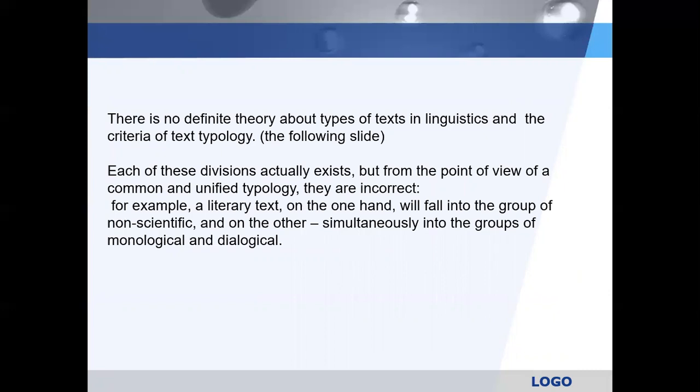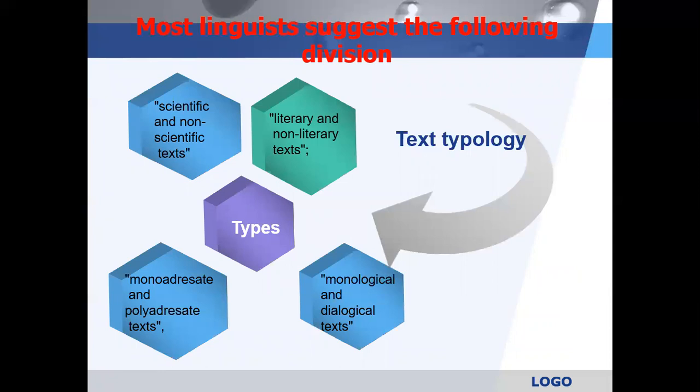Each of these divisions actually exists, but from the point of view of a common and unified typology, they are incorrect. For example, a literary text, on the one hand, will fall into the group of non-scientific, and on the other hand, simultaneously into the groups of monological and dialogical.